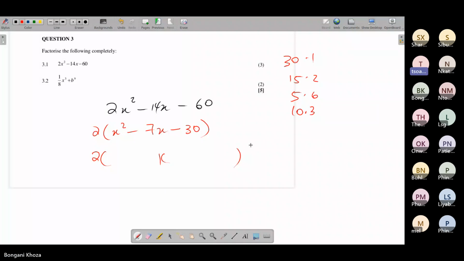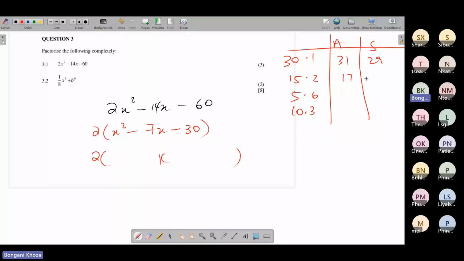All right, so let's check adding, subtracting. If we add, this is 31, 17, 11, 13, and subtracting gives 29, 13, 1, and 7. So we are looking for the one that will give us a 7. That means we'll be using 10 and 3.